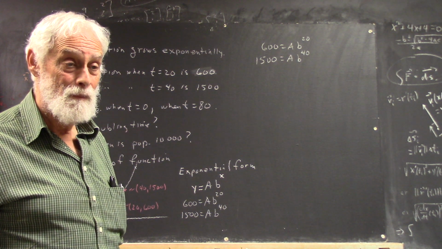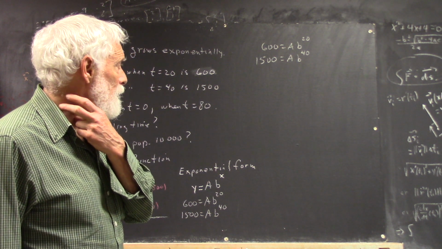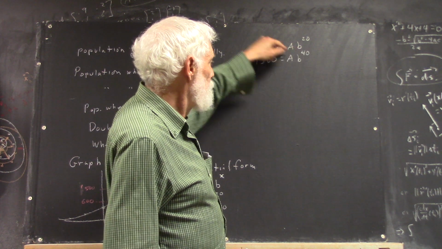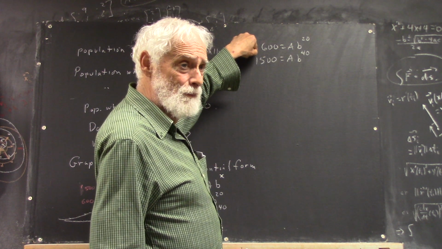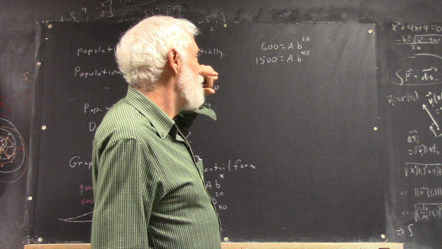Would you divide by a? Okay, you could divide by a, and if you did, you'd get b to the 20th is 600 over a, right? It's a legal operation, but you still have a.